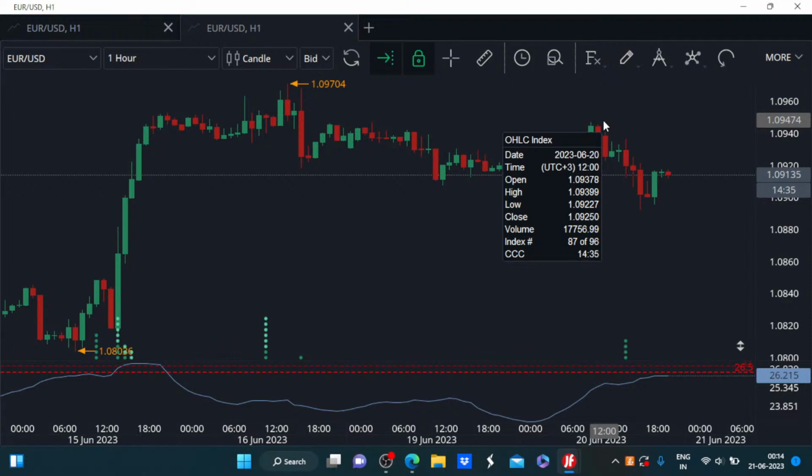So we will be looking for a reversal of this bearish level only after the output of this indicator rises above 27 and then drops again below 27. So far, it has continuously remained below 27.